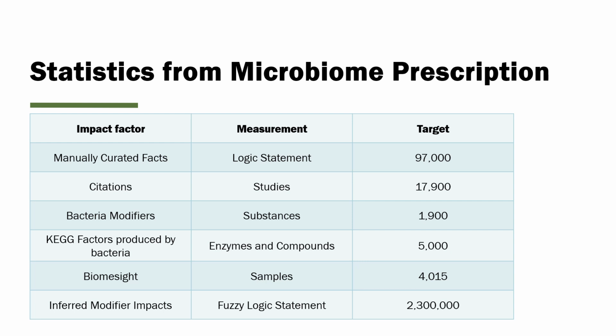BiomeSight, which is where I get most of the data, has been very cooperative over the years, and as a result we have over 4,000 samples processed through their pipeline, of which probably 40 to 50% have annotated metadata. That is where I've been able to demonstrate that we can get associations and accurate forecasts of what a person has based on the microbiome.